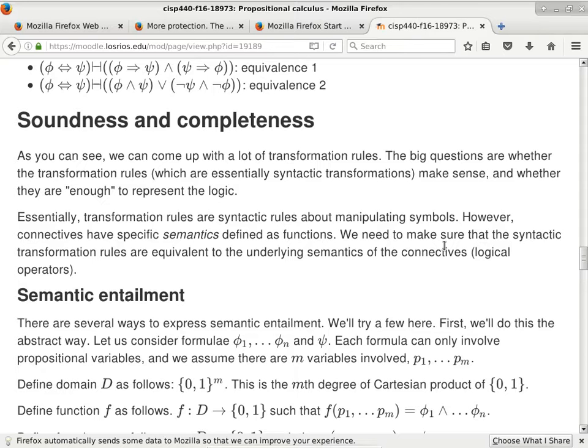Before the class ended on Monday, I kind of mentioned what those two items are. So today what we'll do is we'll take a look at the formal treatment of semantic entailment and also syntactic entailment. And then we'll also bring everything back to why it is important, how it applies to propositional logic in the context of automated theorem proving.